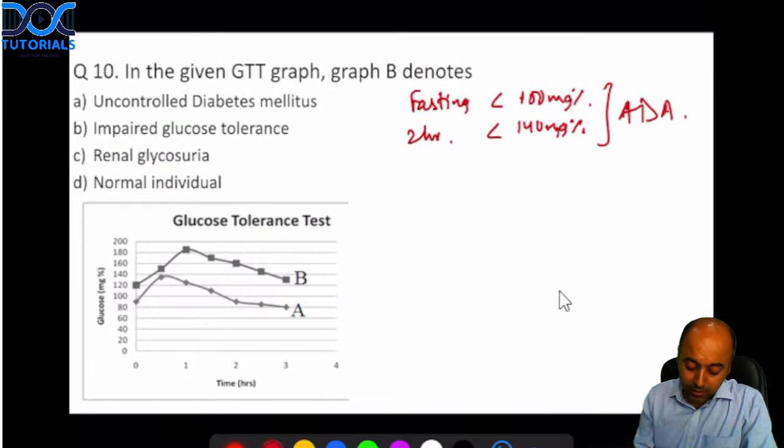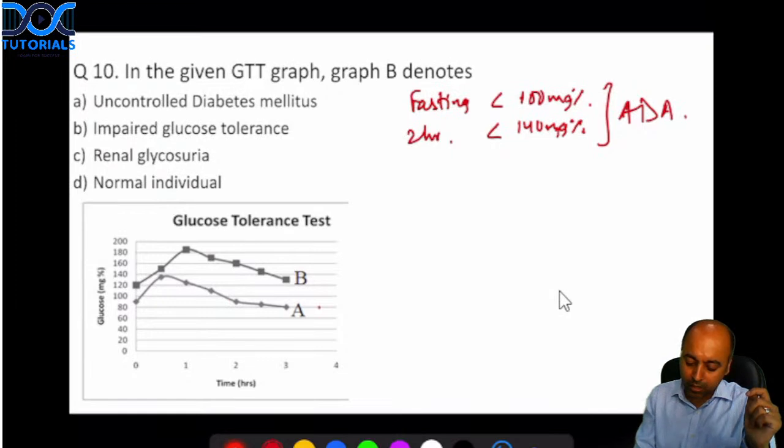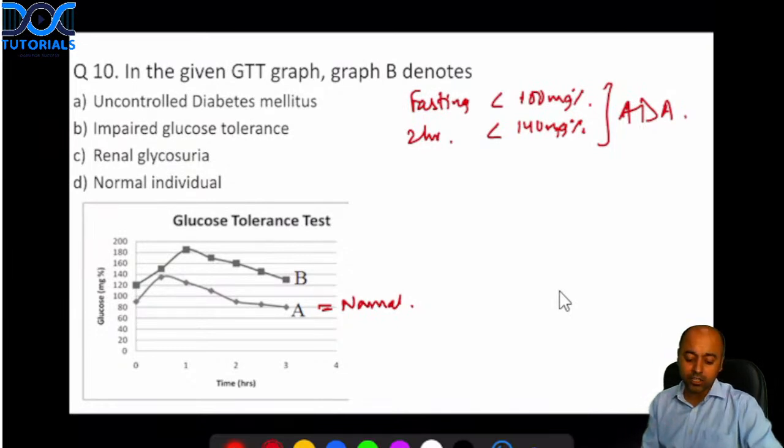So let's see. Graph A, at fasting, it is less than 100. And at 2 hours, again, it is in the range of 100. So A is a normal individual. It satisfies both condition 1 and condition 2.